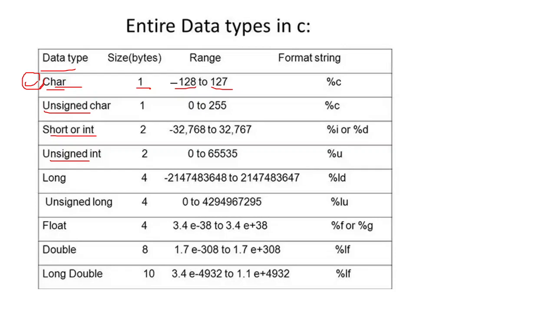And if we have mentioned unsigned, then the last bit is not considered for the positive and negative indication. In that case the range is from 0 to 255, as I mentioned. Similarly, all of this goes for integer, long, unsigned long, float, double, and all those things.